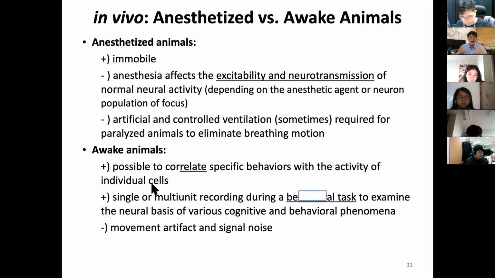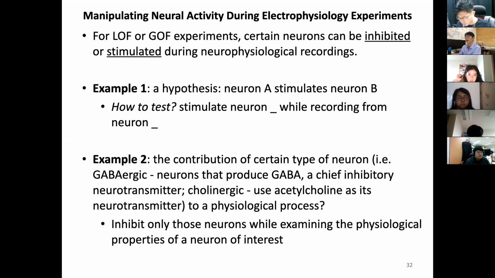That's amazing. I recognize the faces of different people. Let's say we identify neurons that recognize faces. So you can possibly correlate, with single or multi-unit recording during this behavioral task, to examine the neural basis of various cognitive and behavioral phenomena. I'm not saying it's easy, but that's the difference, and people are going more toward awake.